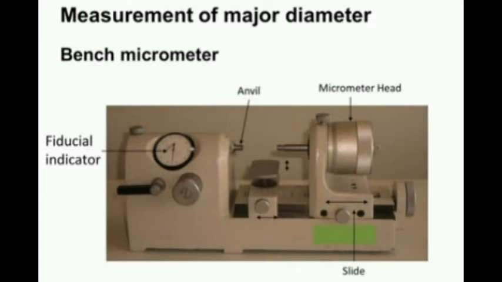We can put some fixtures to hold the workpieces on the table surface. In order to ensure that all the measurements are made at the same pressure, a fiducial indicator is used, which ensures constant pressure for all the measurements.